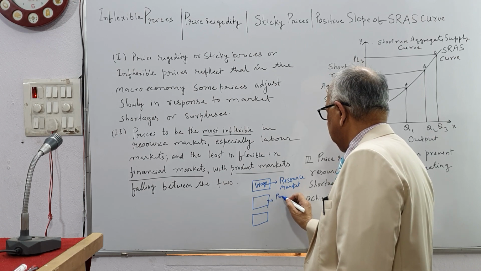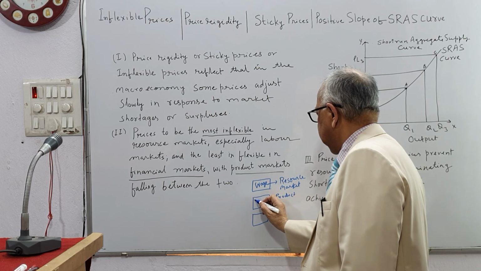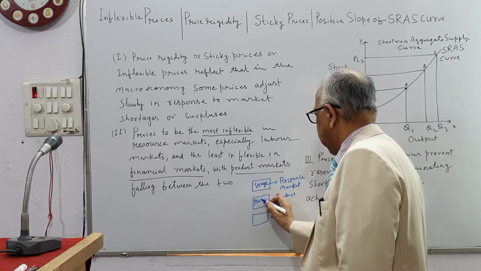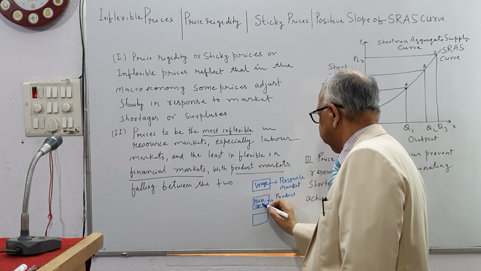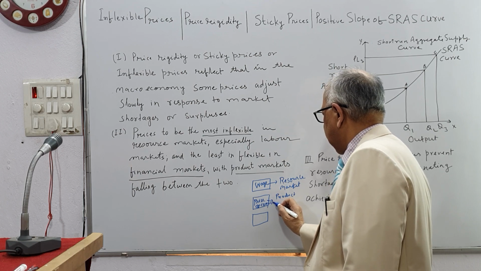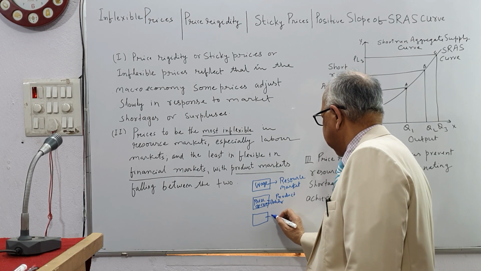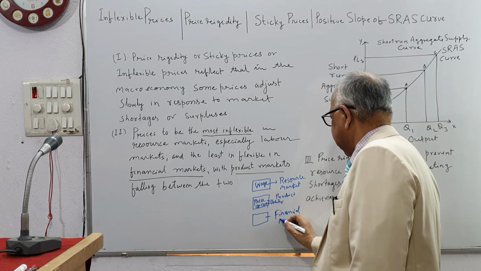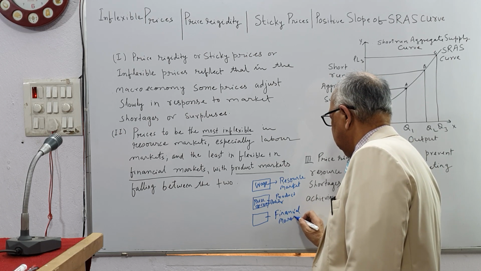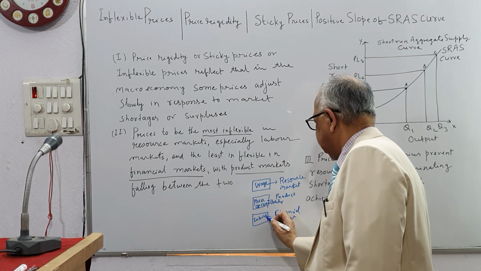This is related to the product market, that is the price of commodity. And this is the financial market, that is interest.